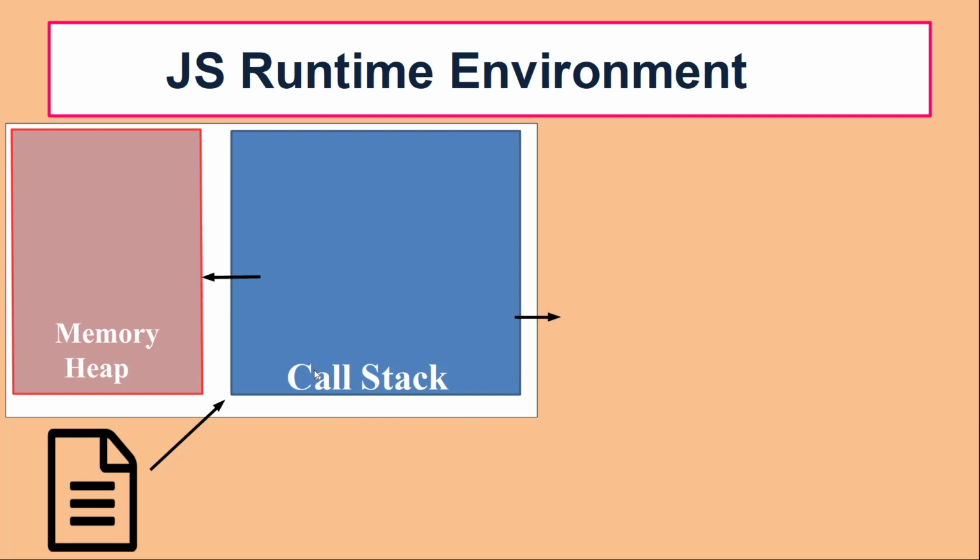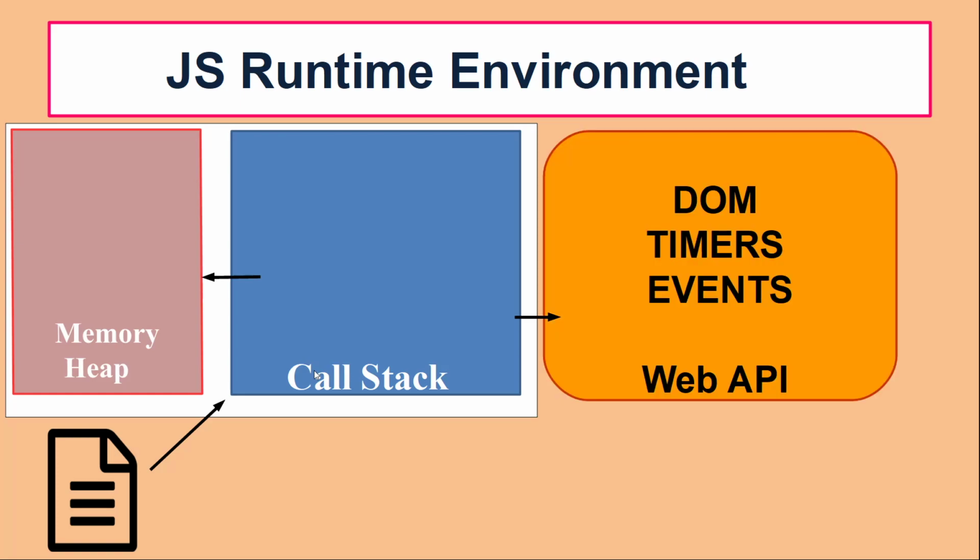What happens outside of the JavaScript engine is we have another section called Web API. Now, we have certain events and certain frameworks, as it were, that will execute in this section.